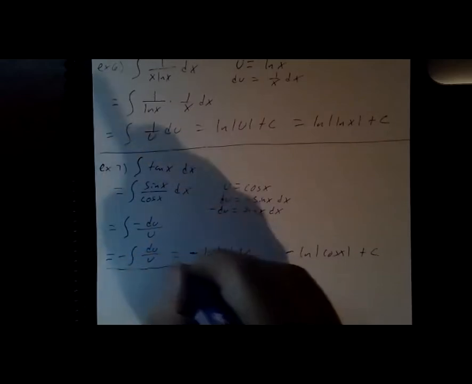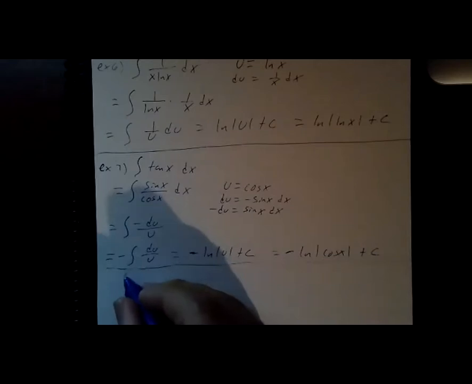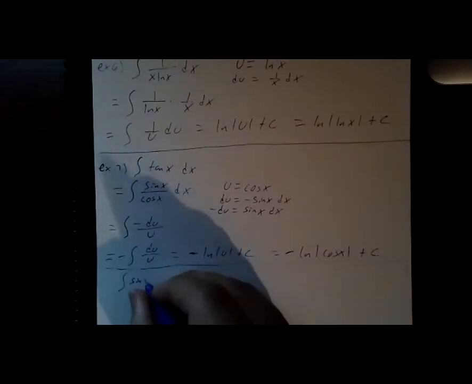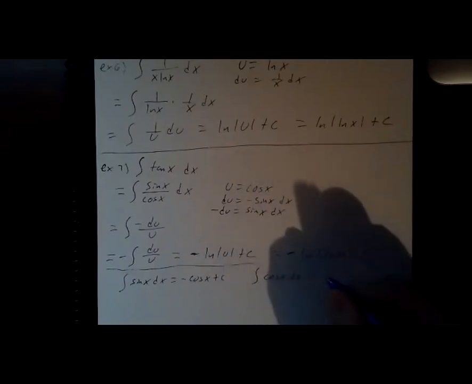I'll give you some formulas for the trig functions. But if you ever forget, there are ways to derive them. So here's the integral of sine x dx will equal negative cosine x plus c. Integral of cosine x dx will equal sine x plus c.